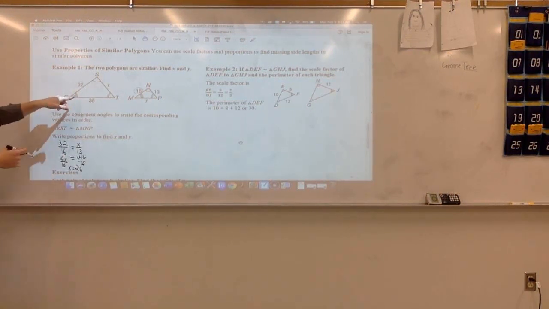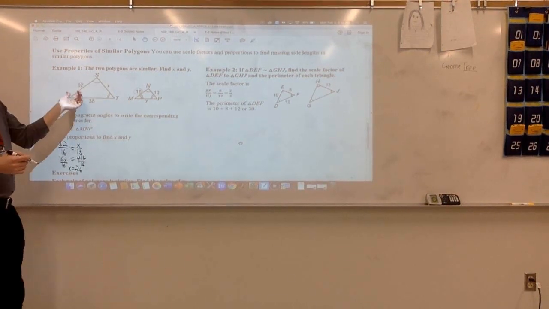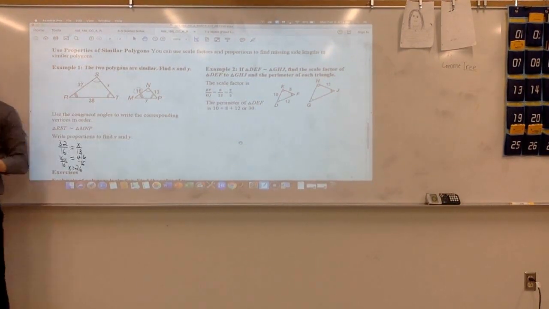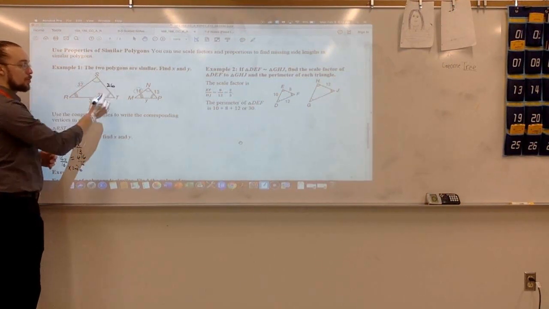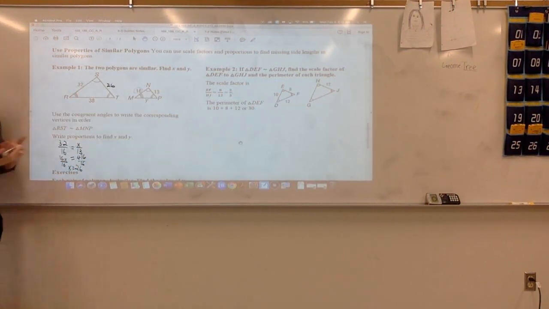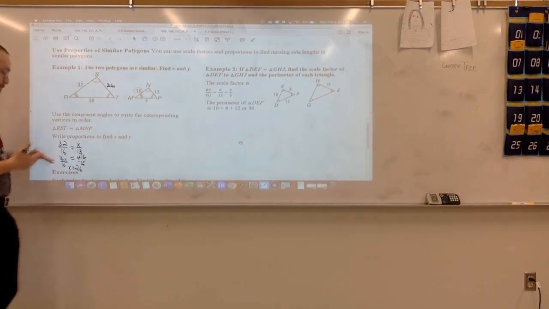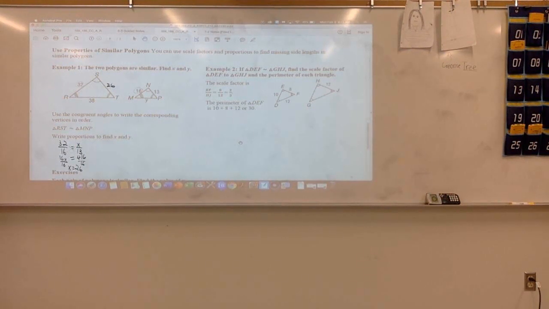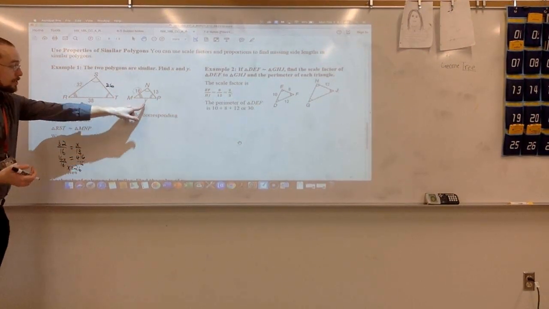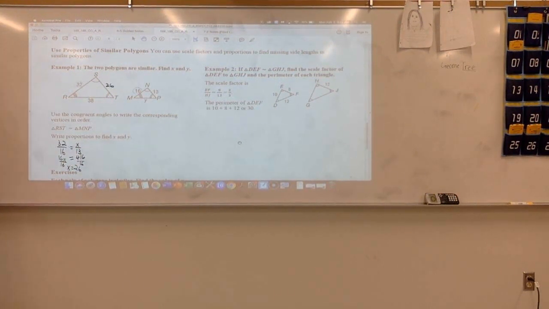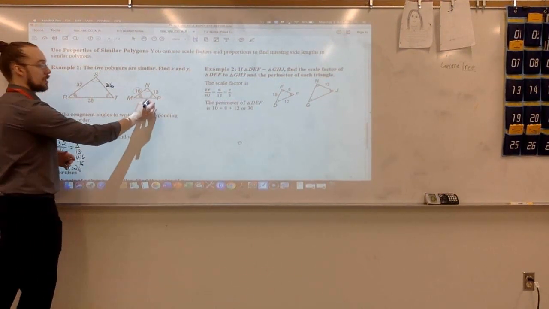What that means is these three side lengths are going to be exactly twice their corresponding sides. Right? So we just found that x was 26. That's exactly twice 13. Okay? So if you can recognize something like that, you don't have to go through this process here. Okay? We can then say, well, I know y is going to be exactly half of 38. Well, it's going to be 19.